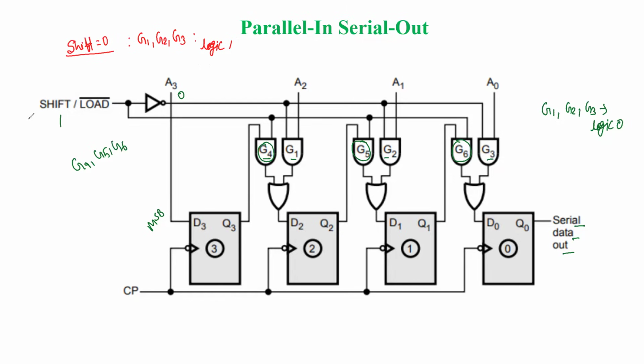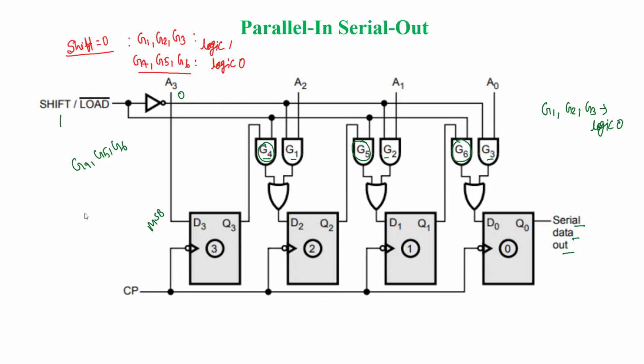And at that time, when shift is 0, G4, G5 and G6 are going to produce the output logic 0, which means these three AND gates are disabled.